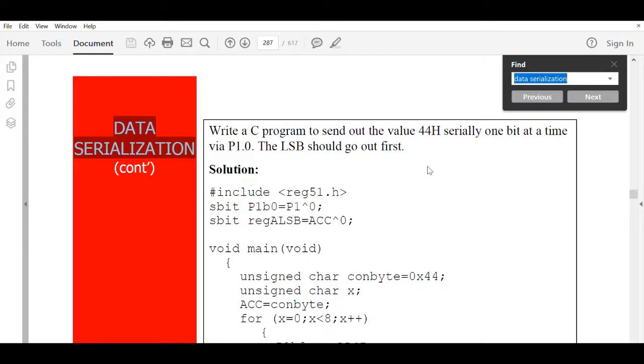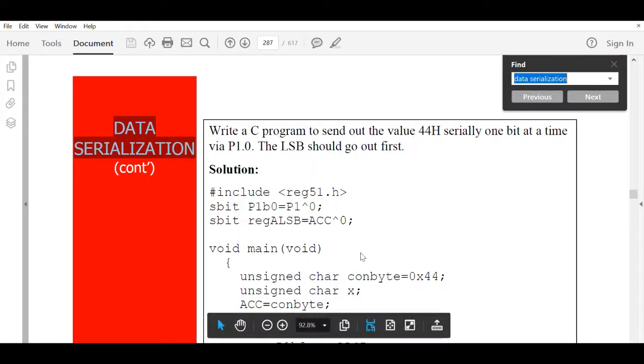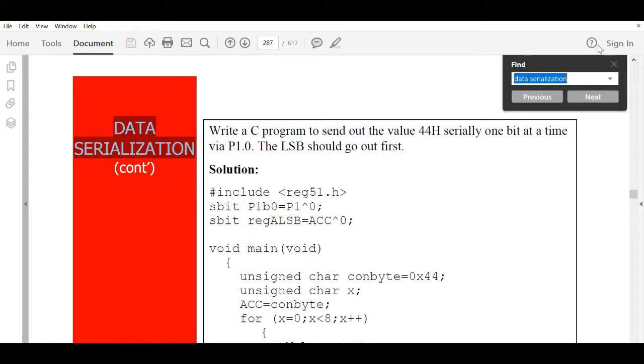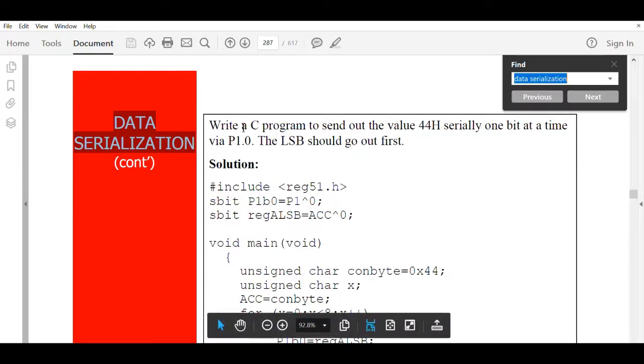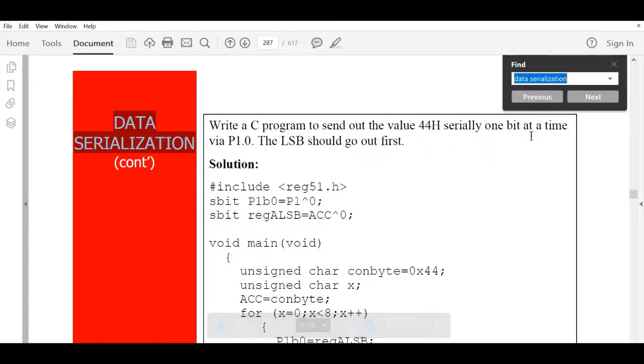Next, let's see how we do the same using a C program. There we had dealt with it in an assembly language program, and here we are dealing with a C program. The question is: send out the value 44H serially, 1 bit at a time, via P10, LSB first.